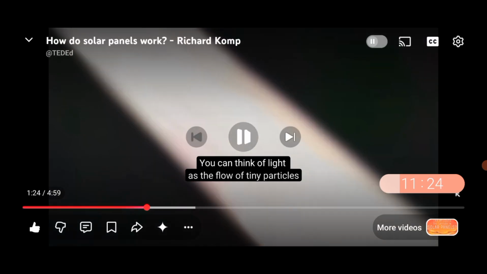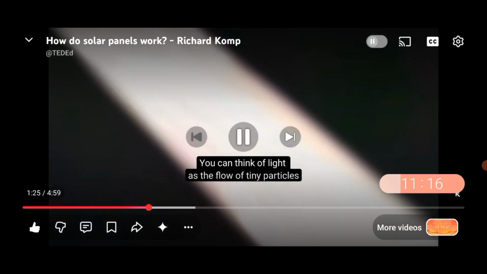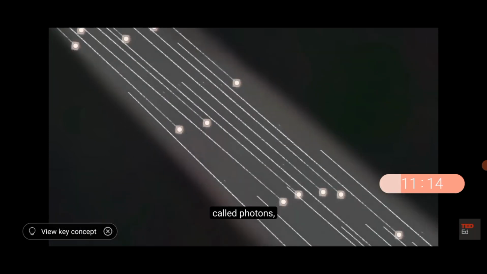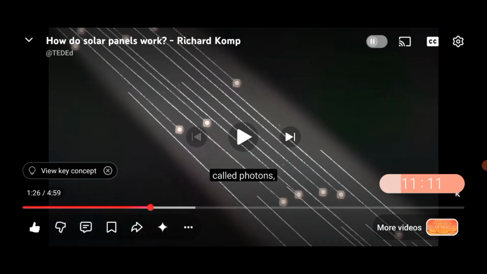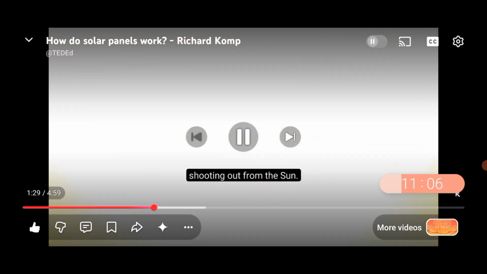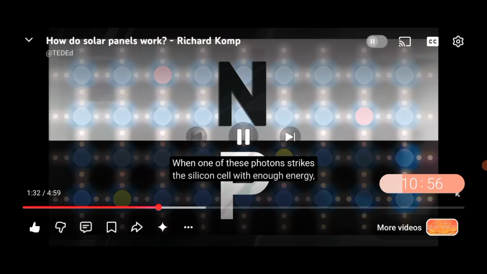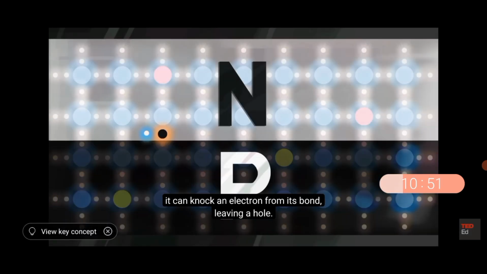You can think of light as a flow of tiny particles called photons shooting out from the sun. When one of these photons strikes the silicon cell with enough energy, it can knock an electron from its bond, leaving a hole.